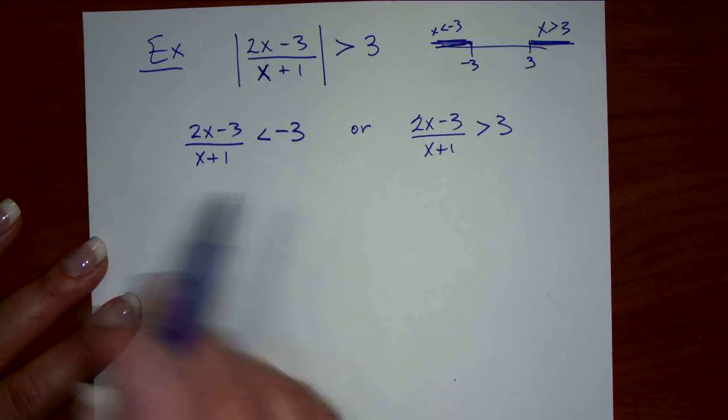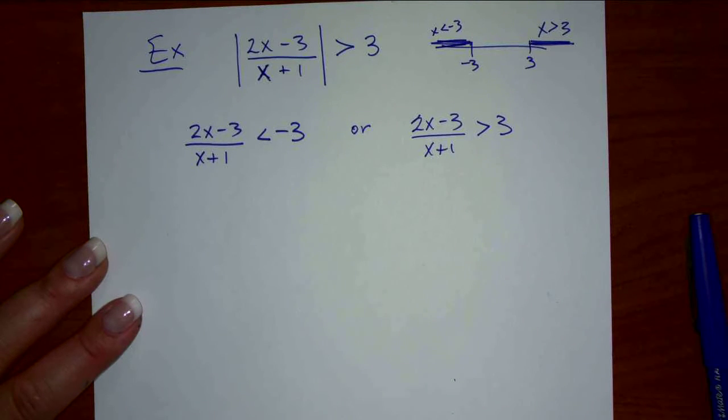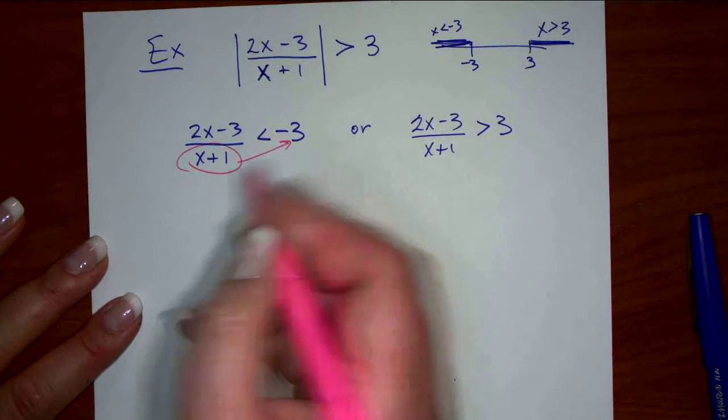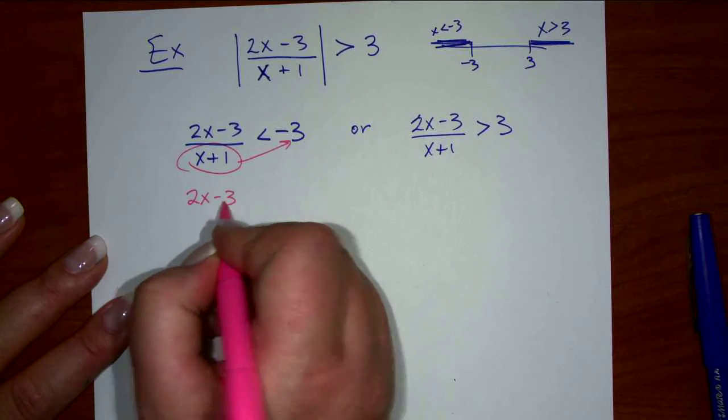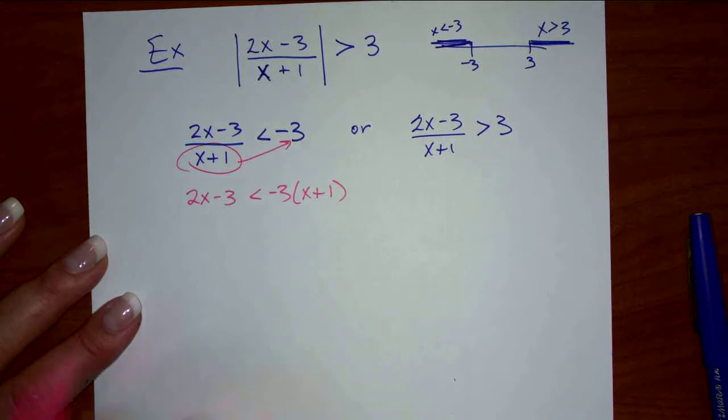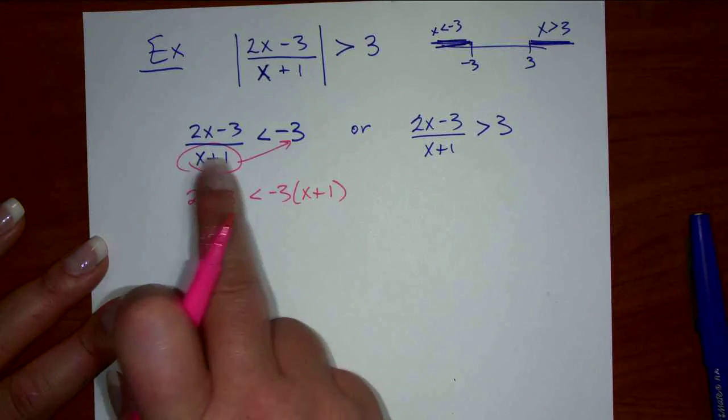So, how do we solve? Cross multiply again. It doesn't matter. The last one just had a number on the bottom. You could have x's. So when we have x's on the bottom, we have to multiply that negative 3 by x plus 1, that whole thing. So make sure you put in a bracket, or make sure you multiply it by both.